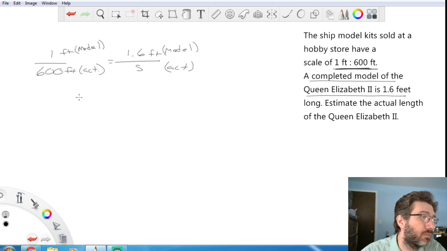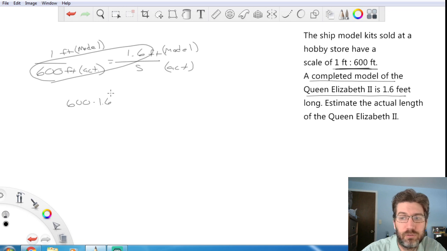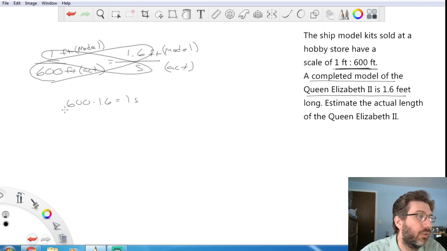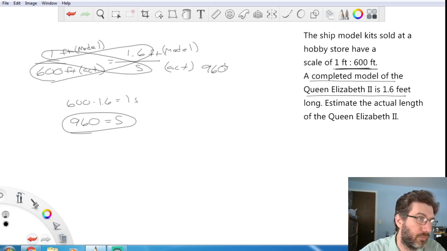So we have 600 times 1.6, and that's going to be equal to 1 times S. Again, 600 times 1.6 gives me 960 equals 1S, which is just going to be S, and that's your answer right there. So the actual length of the ship is 960 feet.